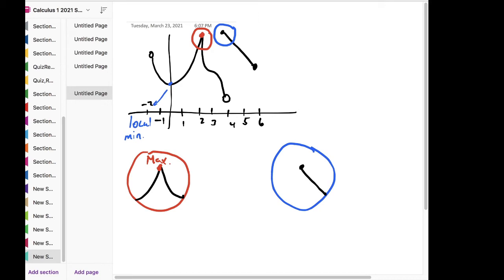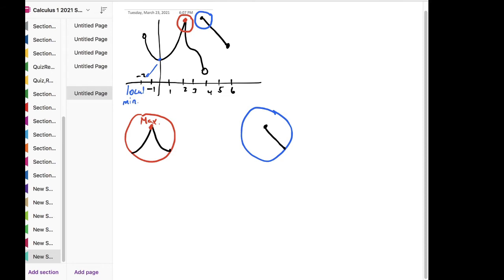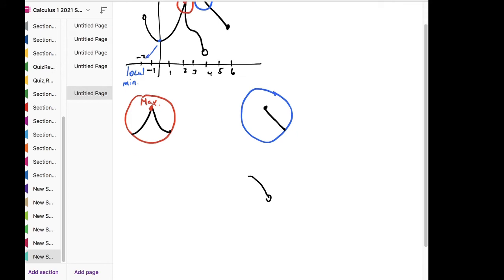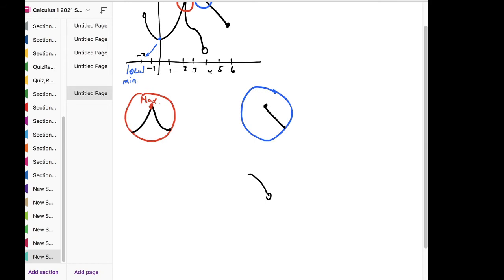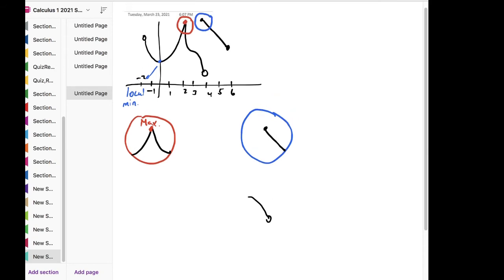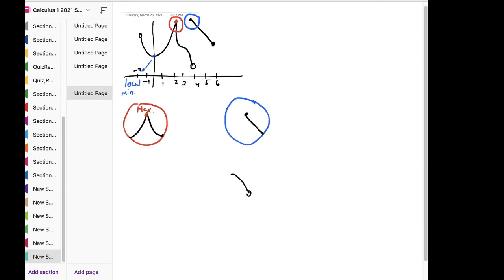Because in the small enough little region, the rest of the function is down here. So this is why I like the little circle trick, because you can zoom in right at the point. The rest of it's down here, which does not even exist in the circle, so who cares about that part of the function? Technically this is the region I'm looking at when I'm drawing the circle.